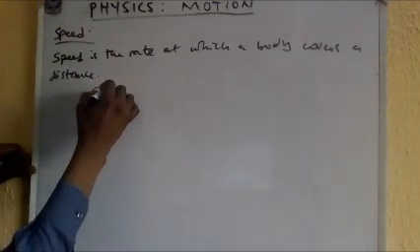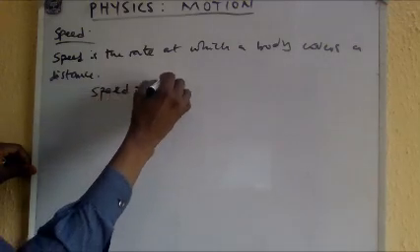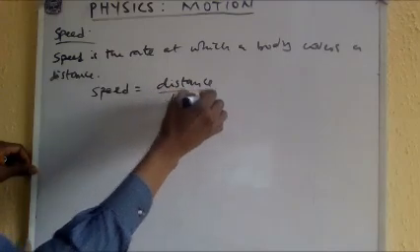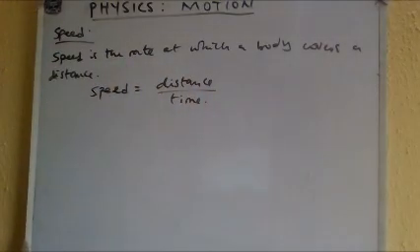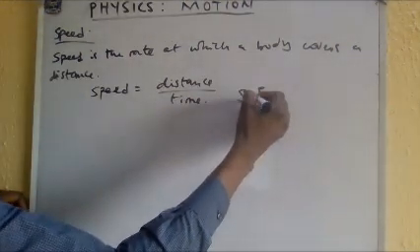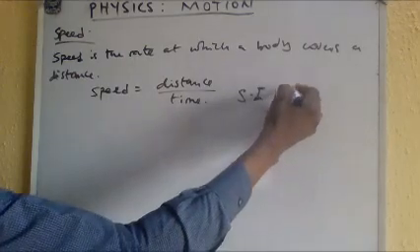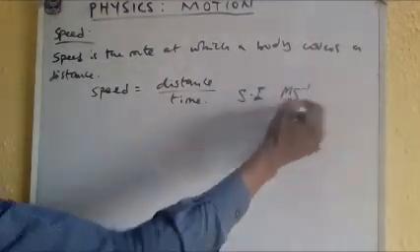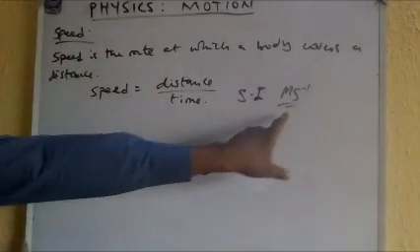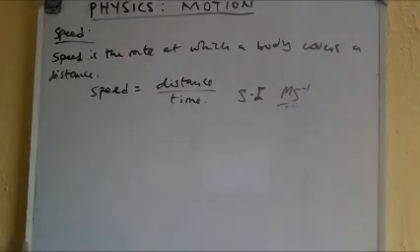Speed by formula is equal to distance over time. This is the formula for speed. The SI unit for speed, we talk about SI unit in measurement, is meter per second. So when you are calculating, when you finish, your answer will be in this unit, meter per second. All right. So that's for speed.